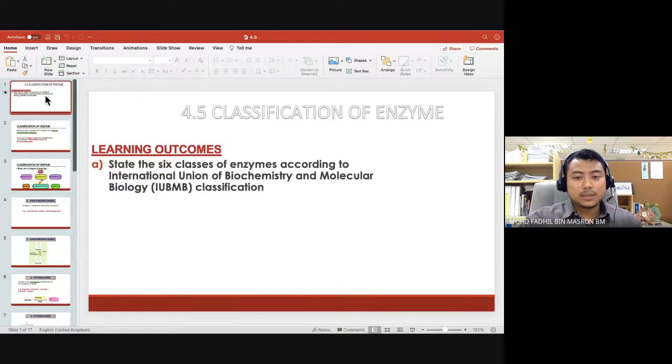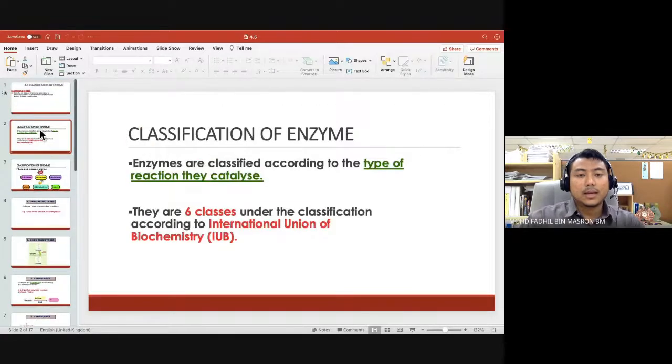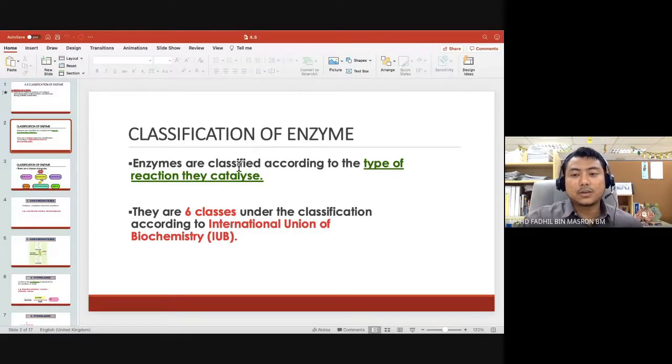Okay, so classification of enzymes are classified according to the type of reaction they catalyze. So maknanya kita nak namakan enzim ni adalah berdasarkan jenis reaction yang diorang catalyzekan, yang diorang tindak balaskan. And there are 6 classes under IUB of chemistry lah, mana badan yang sama.